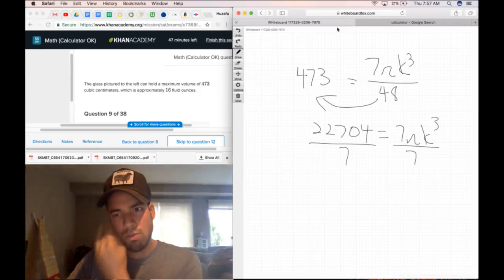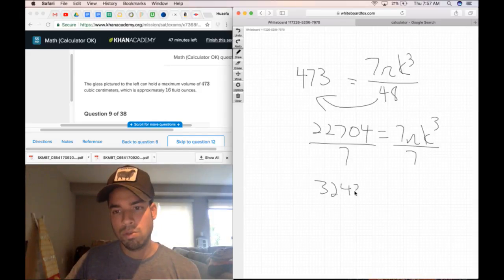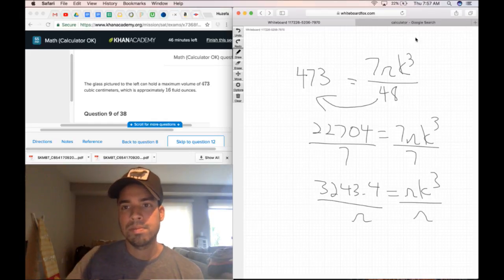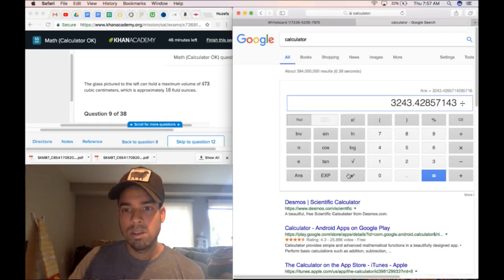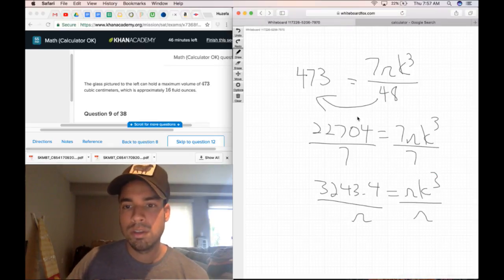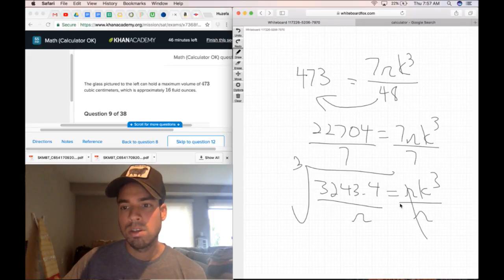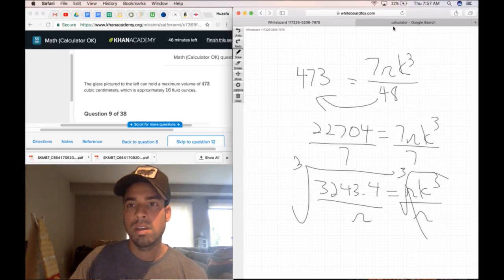3243.4 equals pi k cubed. Divide by pi, and we get this. Then I'm going to take the cube root of both sides to get k.